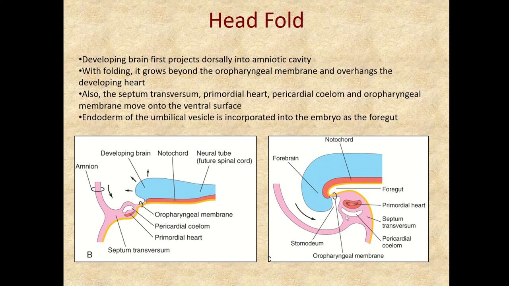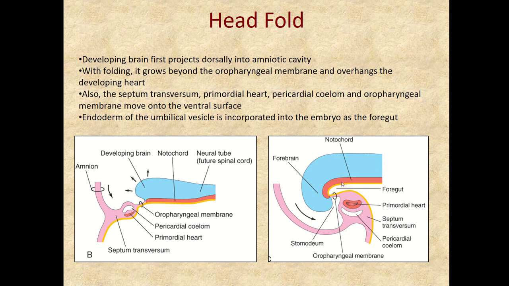The neural tube is growing faster than the tissue in this area here. And that is going to reposition the heart and the septum transversum, which is the tissue here that eventually separates the pleural and the abdominal cavities.